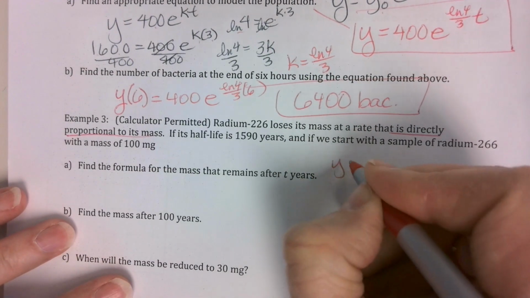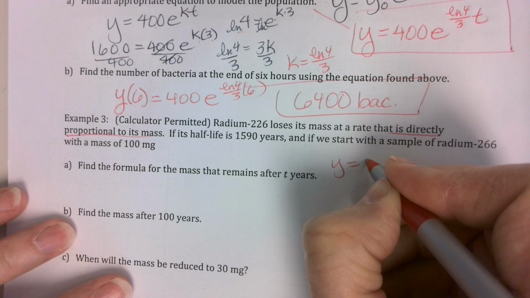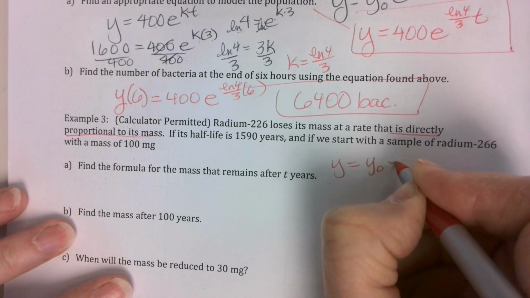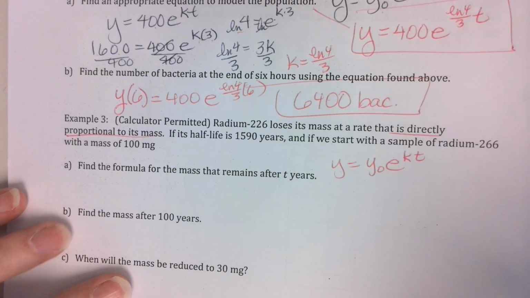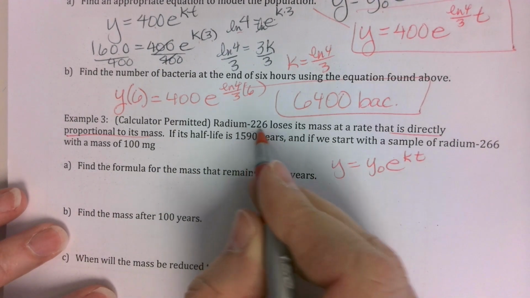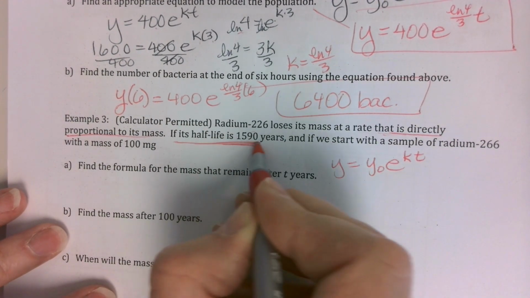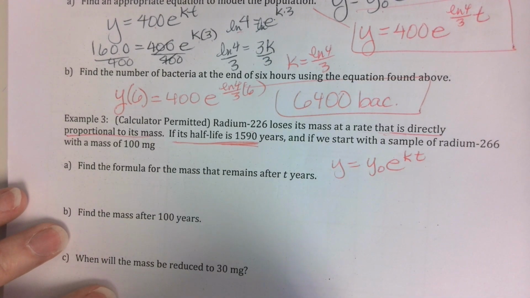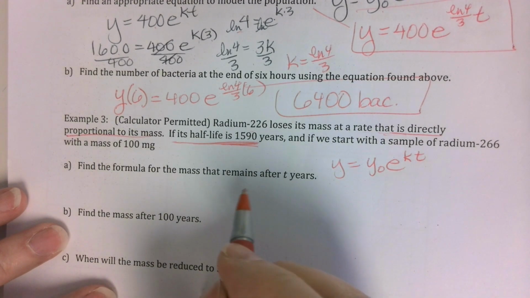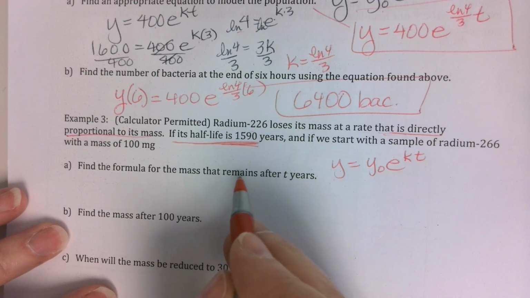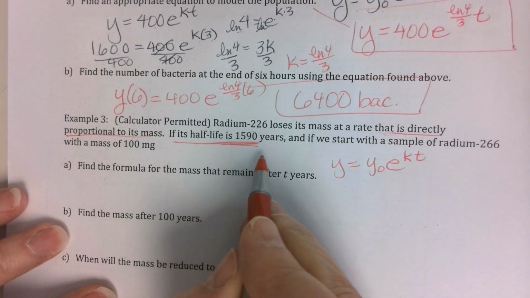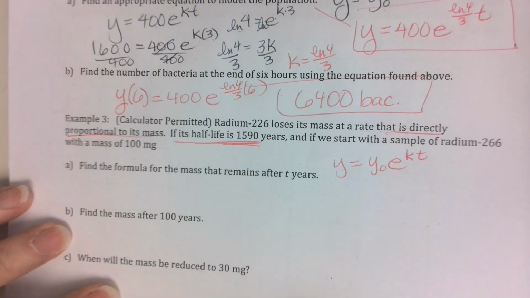So y equals what? Y naught e to the kt. Loses mass, half-life. What does that mean? The amount of time it takes for what? Yeah, to be halfway gone away.